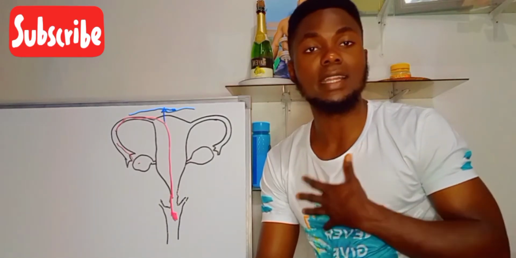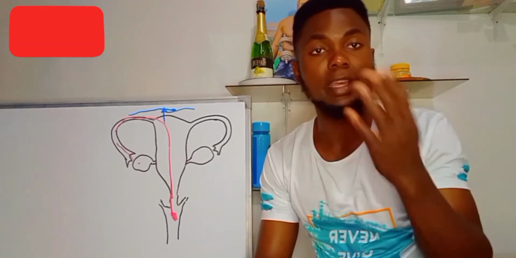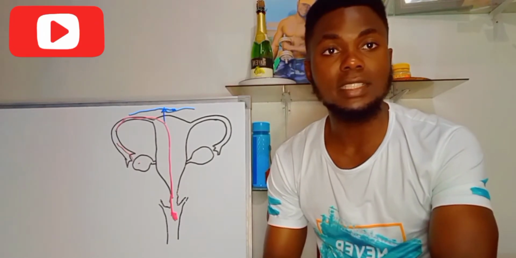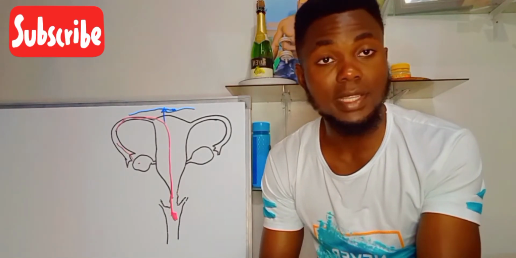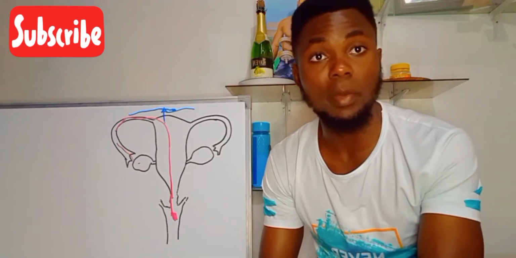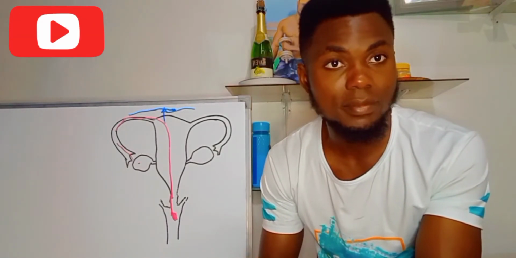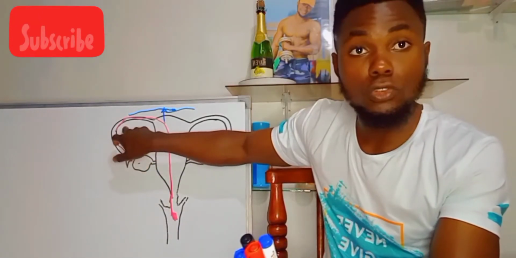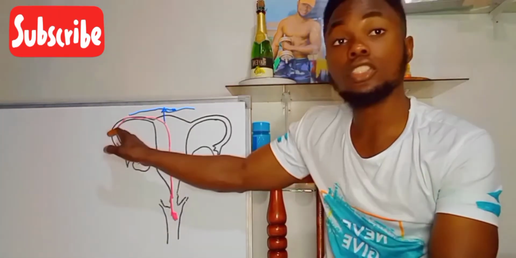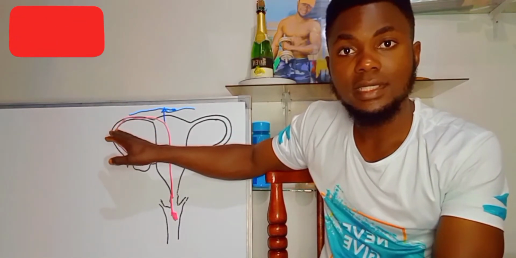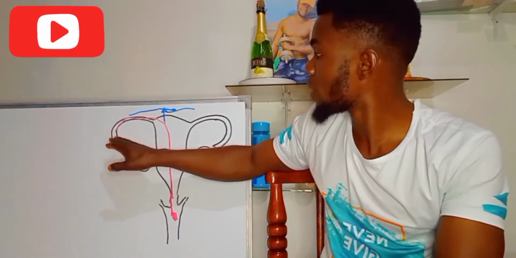They lie within a cavity called the peritoneal cavity. So when these pathogens in some cases cross to the peritoneum, they cause what we call peritonitis.